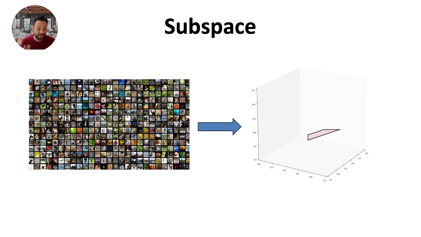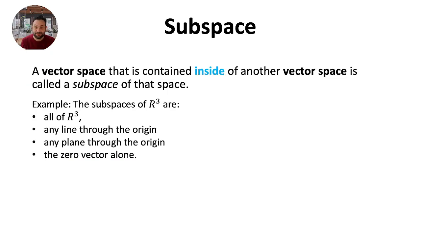Therefore, I can talk about a subspace of a vector space, which is defined as another vector space. So a subspace is also a vector space, but contained inside another vector space.